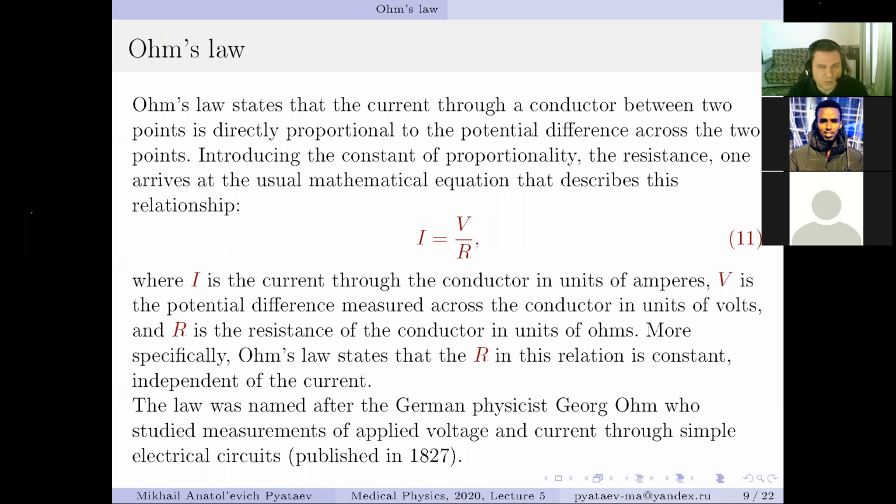These materials are able to transmit charge because there are charge carriers inside them which can travel from one point of the object to another.